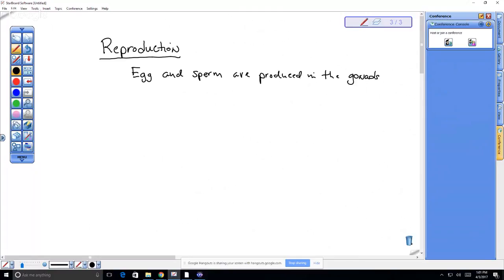So these are specialized organs, and they would be the testes. I'll put the ovary first since I put egg first. The ovary and the testes. Testis is one, right? So the gonads, either ovary or testes, and they produce the egg and the sperm.